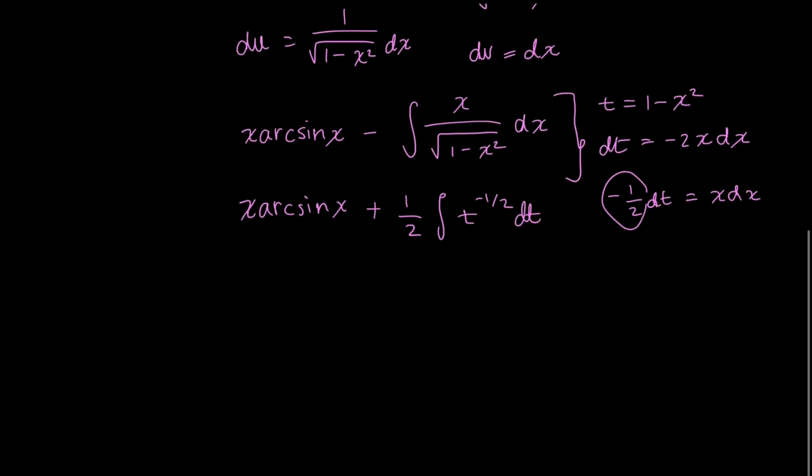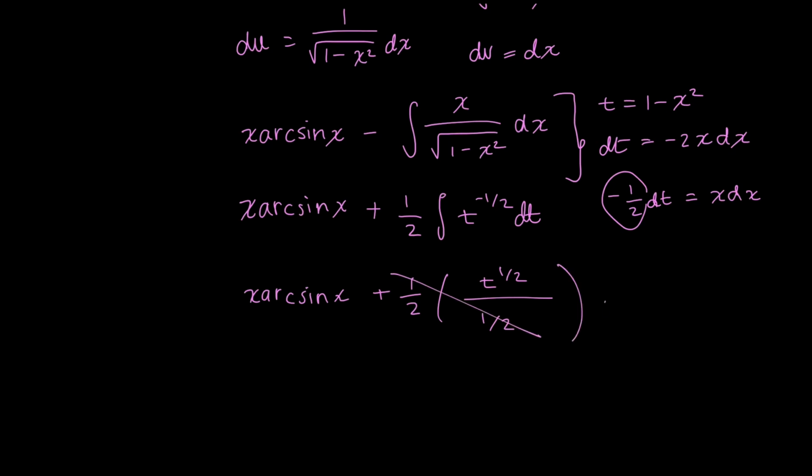And now I could just integrate this part using the power rule. Again, that x arcsine x doesn't change, and that constant also doesn't change. Now I'm going to have negative 1/2 plus 1, which is t to the power of 1/2, all divided by that new power, 1/2. So I know that these two will cancel out. Also, don't forget to add the arbitrary constant c.